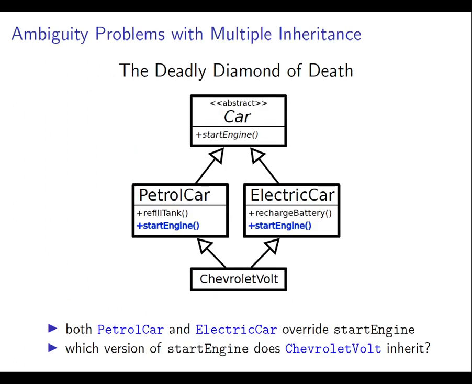And this is the classic diagram called here the deadly diamond of death. So fundamentally the issue is, if you inherit a method via two different routes, and somewhere on each of those two different routes the method is overridden, then which overriding version should your multiply inheriting class use?